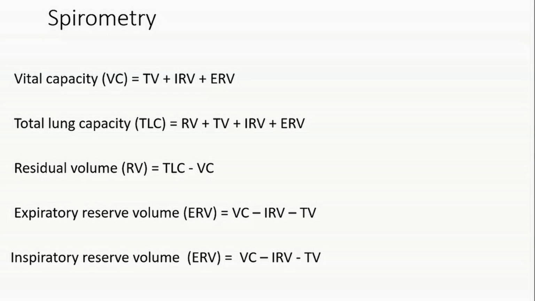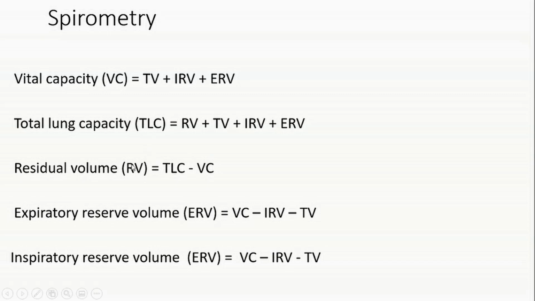Total lung capacity includes the residual volume which is left in the lungs after maximum exhalation. Tidal volume, the normal amount of air we breathe in and out during quiet, restful breathing. Inspiratory reserve volume, expiratory reserve volume. All of these added give us total lung capacity, meaning the total amount of air which can be contained in our lungs after maximum inhalation.